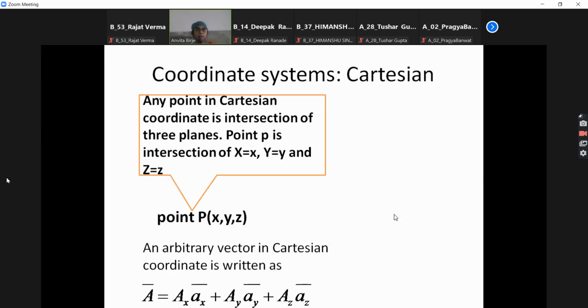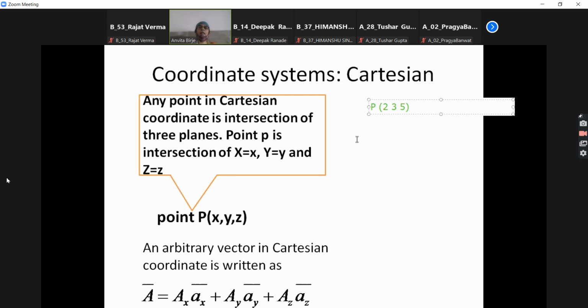Okay, so as I said, any point in the Cartesian coordinate system is the intersection of three planes. Suppose I write down a point P, which is 2, 3, 4, then what is this point?